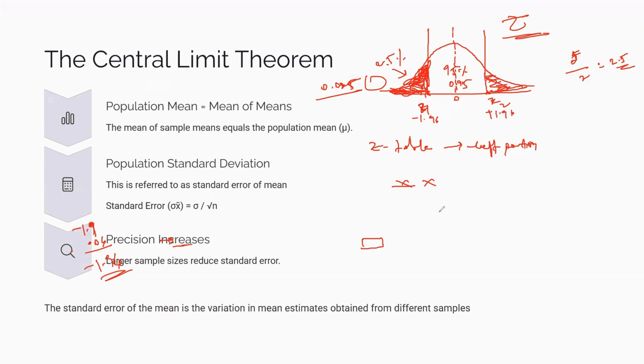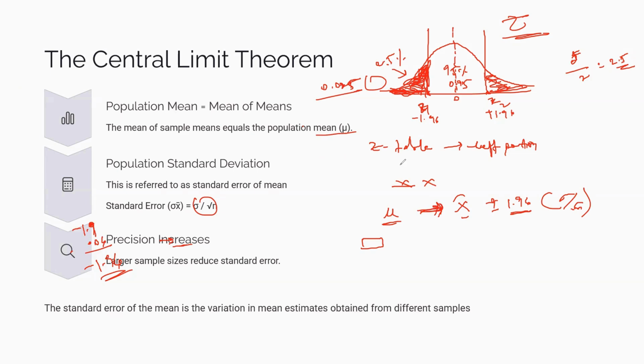So what we are going to do is add this 1.96 to the standard error component, the standard deviation in this calculation, which is this. This gives us the actual value of the mean.